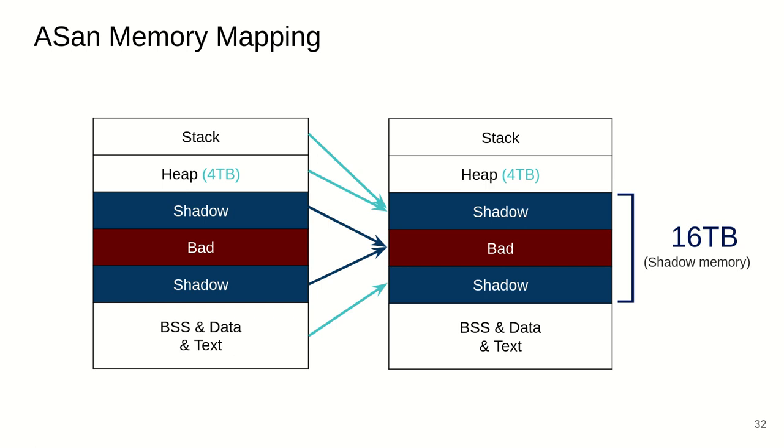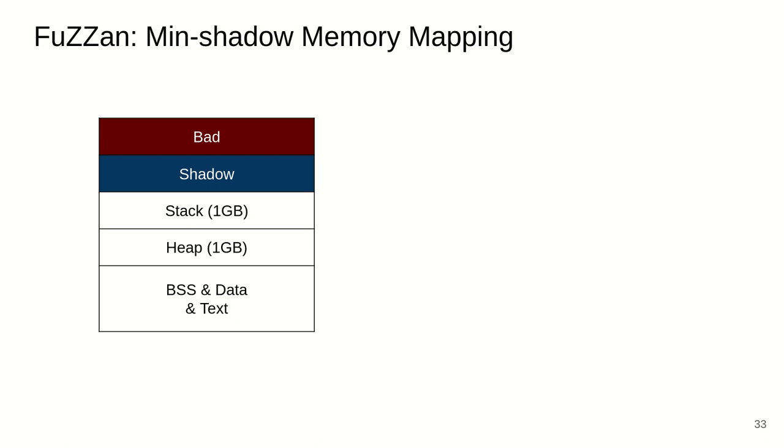So the 16 terabytes of shadow memory plus the 4 terabytes for the heap ends up in this 20 terabytes of memory that is actually being allocated and kept. With our min shadow, our alternate mapping, we try to condense this to a much smaller space.